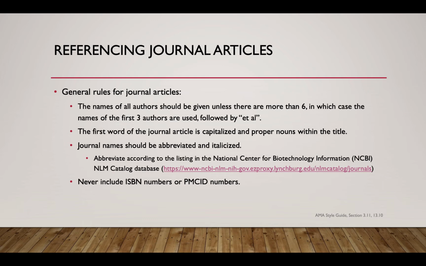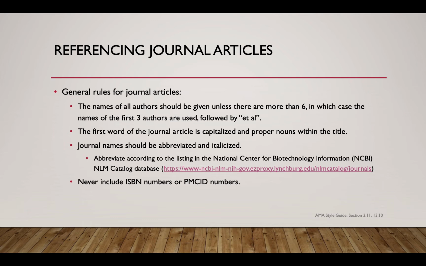Again, we don't want a long string of names taking up a bunch of type in AMA style. So if it's greater than 6, you cut it down to the first 3 and follow by et al. The first word of the journal article is capitalized and any proper nouns in the title. Otherwise, all the words of the title are written in small letters.